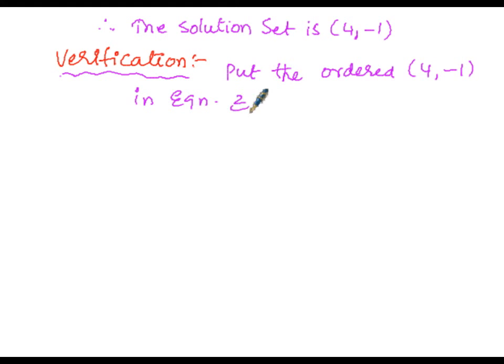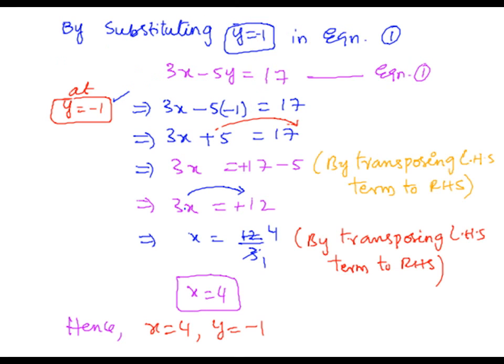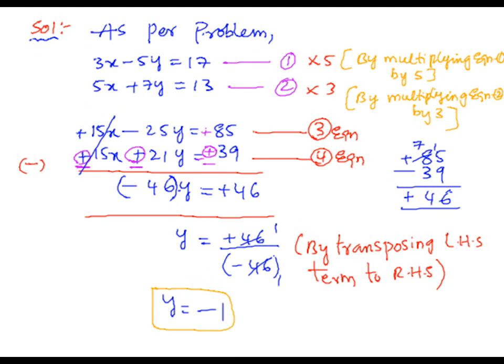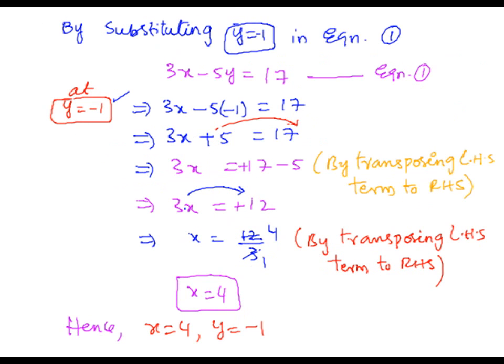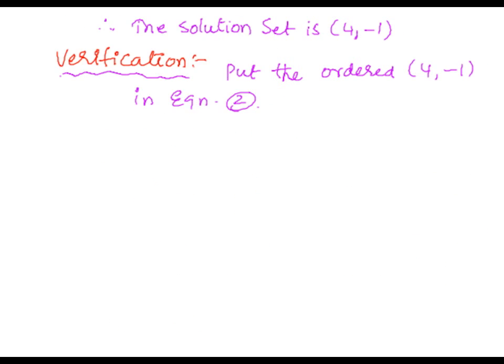So as per the problem, the second equation is 5x plus 7y equals 13. So equation number 2.